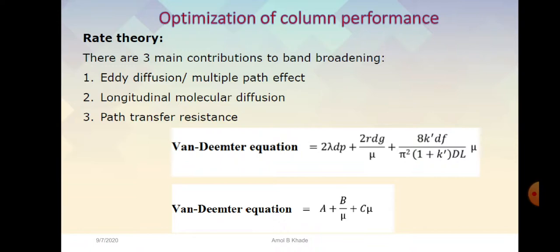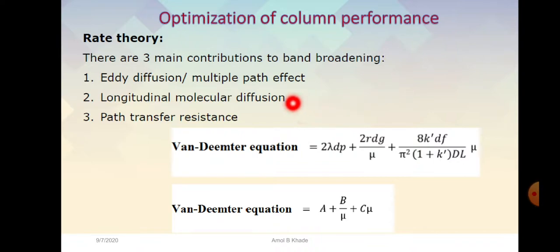Then rate theory explains this with 3 points, and it will help us to improve the column efficiency. There are 3 main contributions in the rate theory which are responsible for band broadening. First is eddy diffusion, also called the multiple path effect.